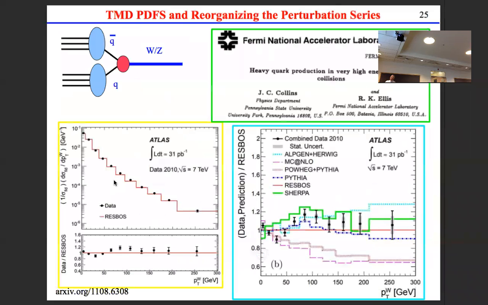But let me pull up some ancient history, and this is an old paper by John Collins and Keith Ellis going way back. What they were considering was Drell-Yan production of W and Z. At leading order, you've got collinear partons coming in, and they produce the W and Z with zero pT.